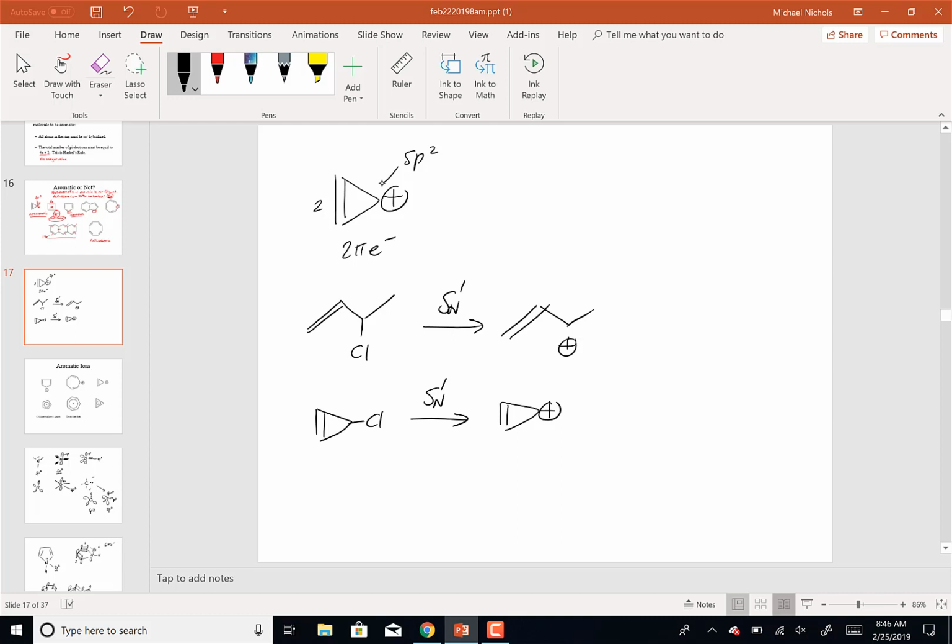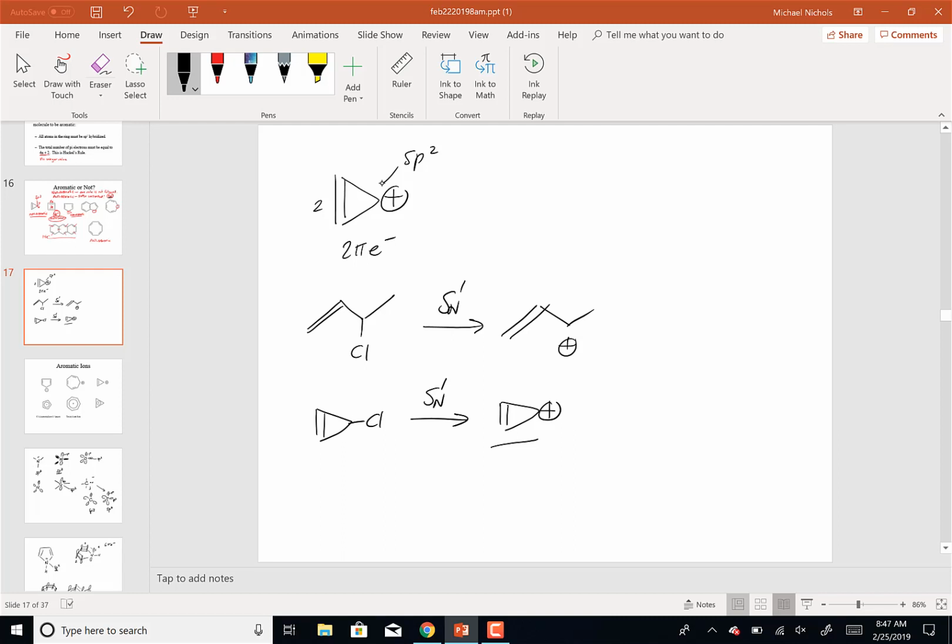And if it is true that this is aromatic, what should happen? Jacob? You'll have a slower rate. It'll form that carbocation faster, because it's more stable than your regular run-of-the-mill secondary allylic carbocation.